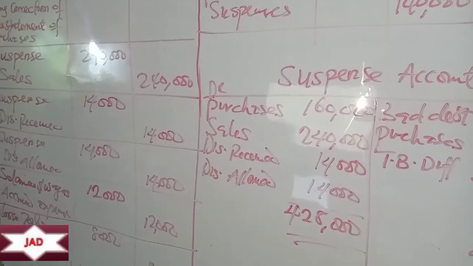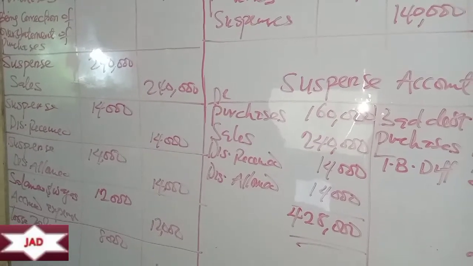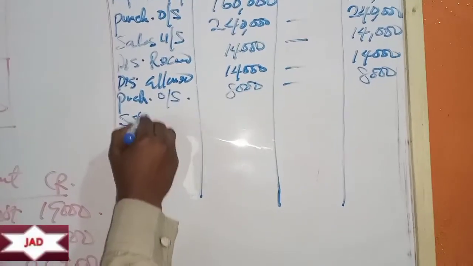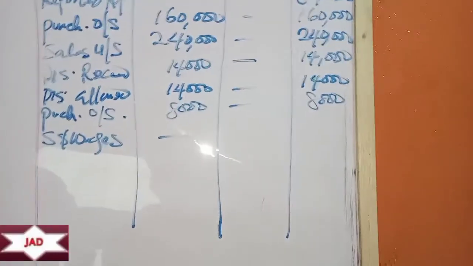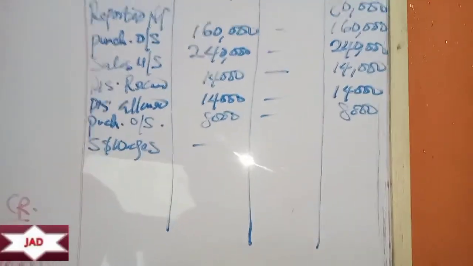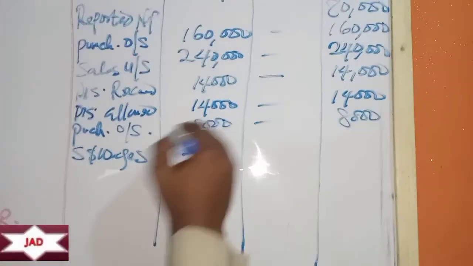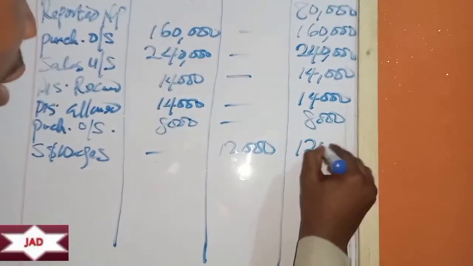So if it was omitted, it means the expense has been understated. So if the expense is understated, profit will be overstated. So how do you correct? You deduct, right? So we have salaries and wages. How much is that? 12,000. So that should be deducted.